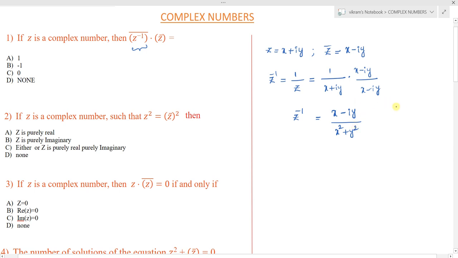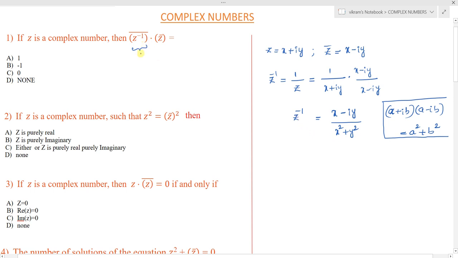Always remember the product of a plus ib into a minus ib: we get a square plus b square. Just apply the complex number multiplication and you will check the result as a square plus b square. Similarly, here x plus iy into x minus iy is x square plus y square. So this is the z inverse.